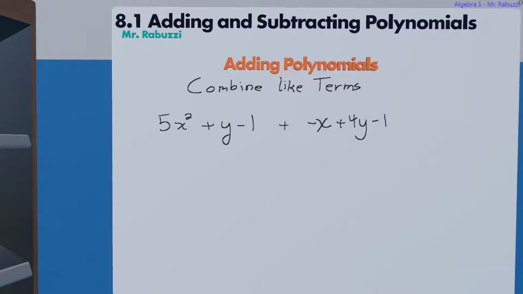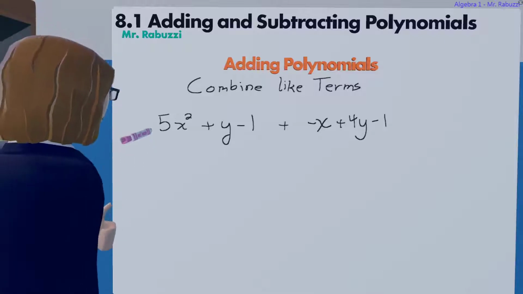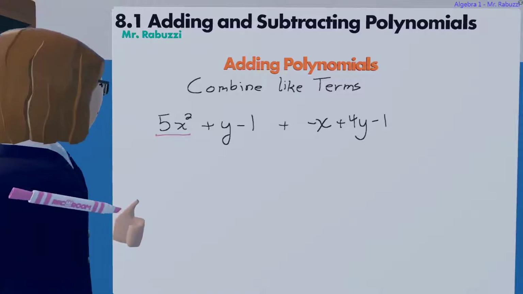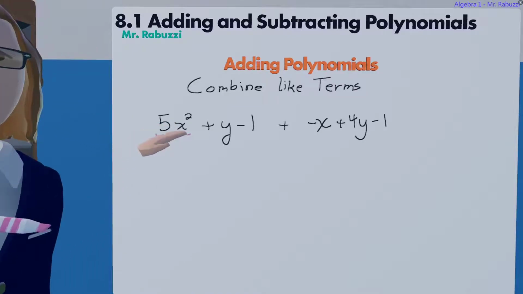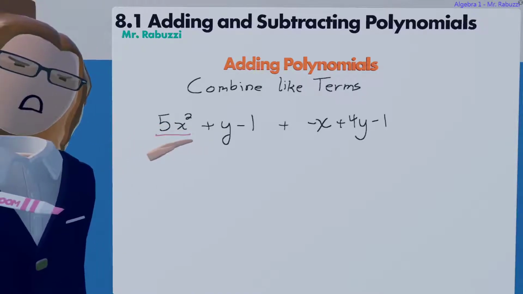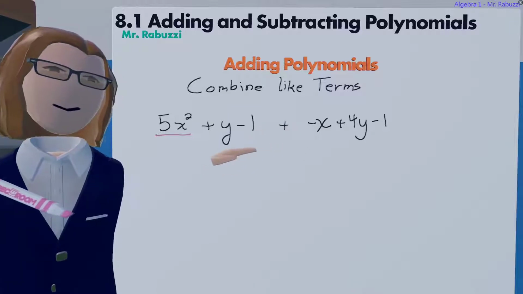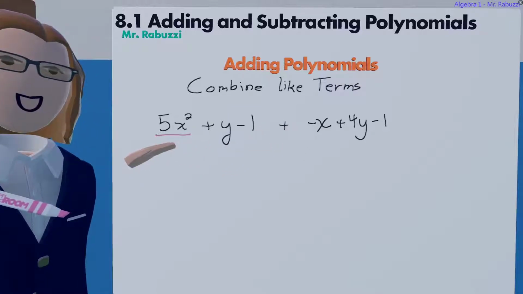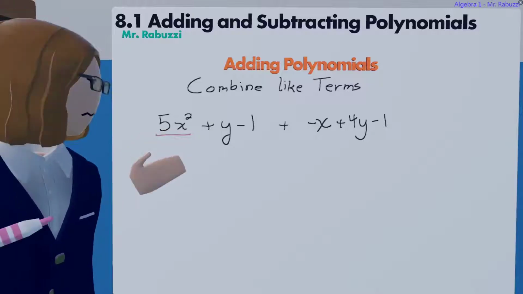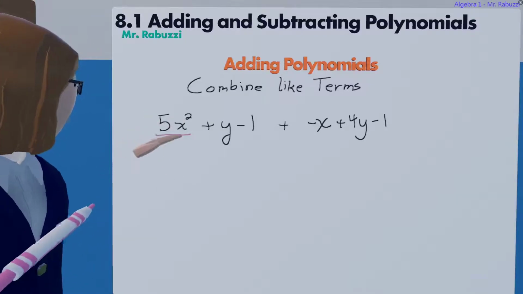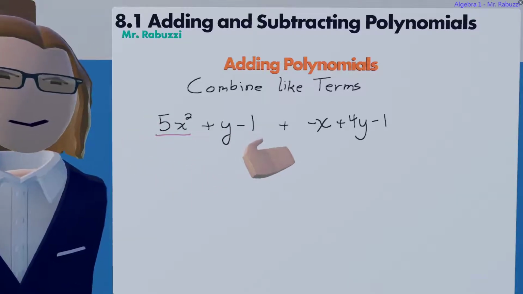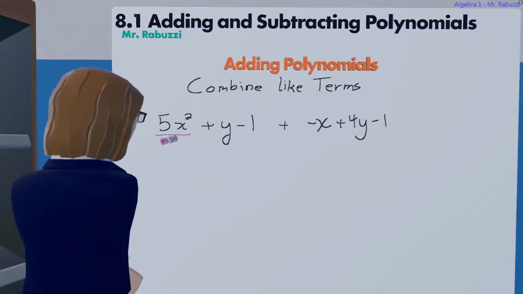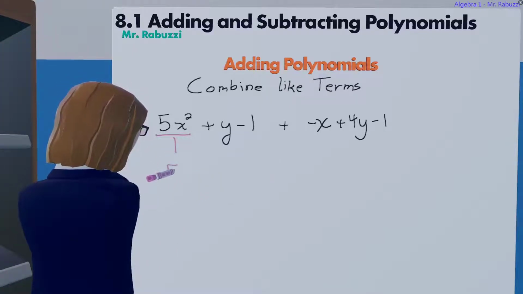Okay, well, let's start off with our first term. We have 5x squared. Okay, so this one has an x squared. Do we have x squared anywhere else? No, we don't. So we're going to add 5x squared plus nothing. So it's just going to stay 5x squared.